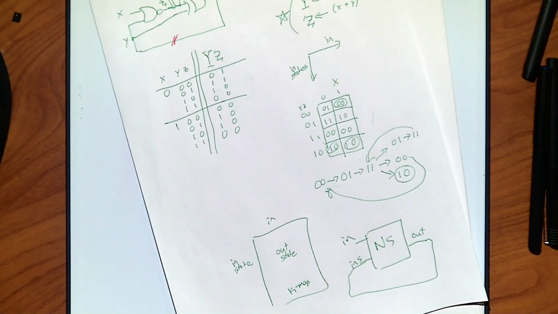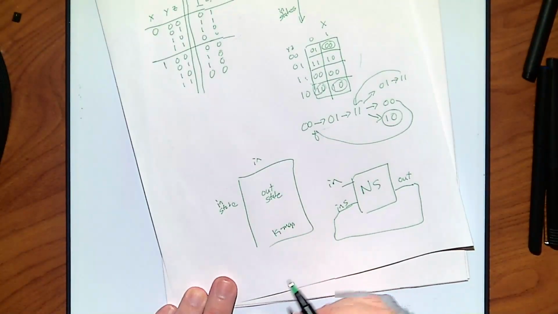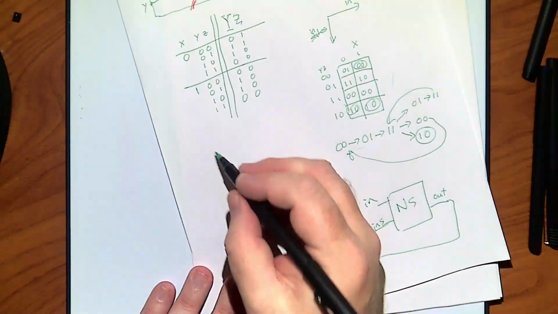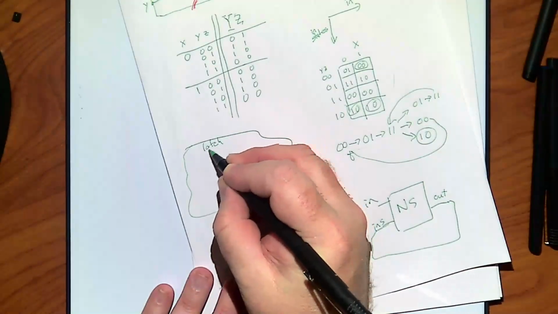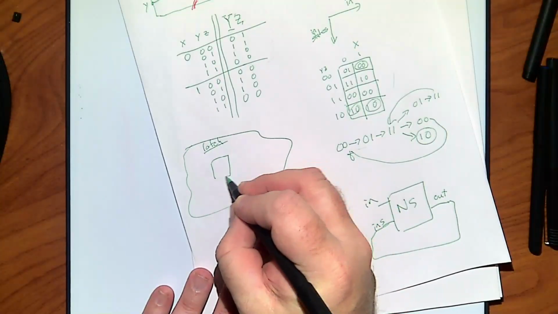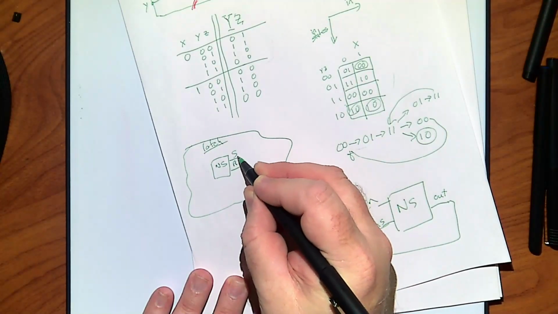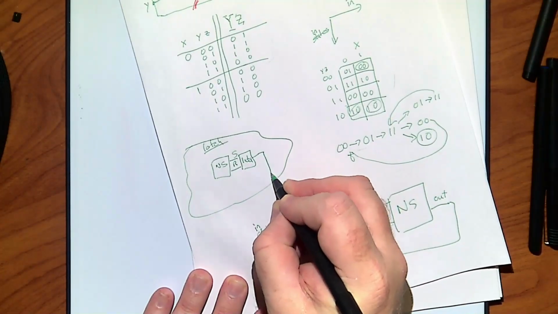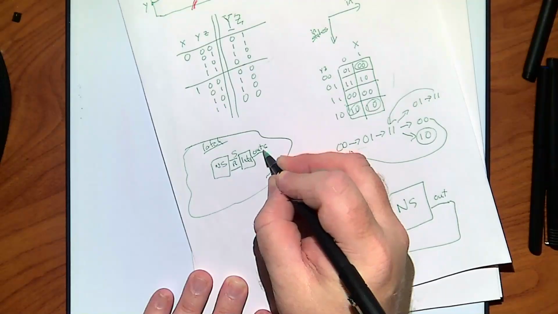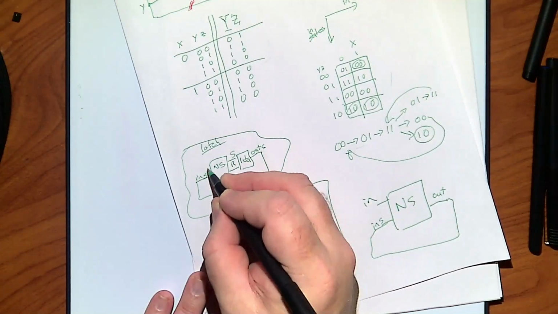Now, the only difference between this and what you did with the latches is, remember, with the SR latches, I had next state logic that generated S and R that went into the latch. That then gave me my out state. That then came around as my in state.